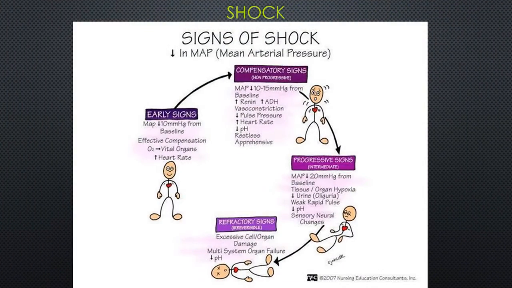Okay, so let's talk about shock. Circulatory failure, inadequate tissue perfusion resulting in impaired cellular metabolism, deprives cells of essential oxygen and nutrients, forcing cells to rely on anaerobic, without oxygen, metabolism. Less energy is produced, and lactic acid, a byproduct of anaerobic metabolism, causes tissue acidosis and subsequent organ dysfunction.